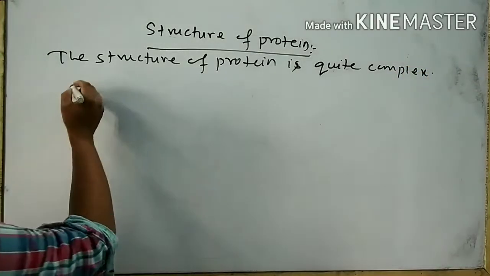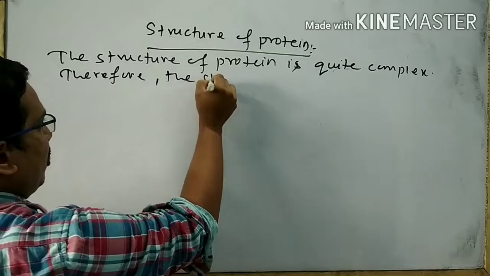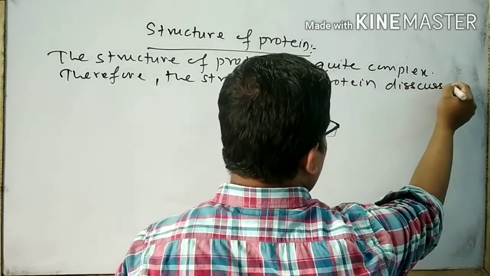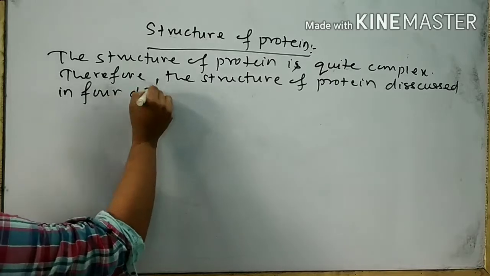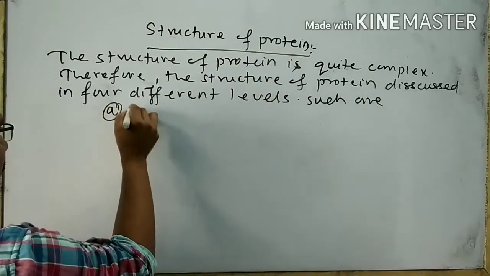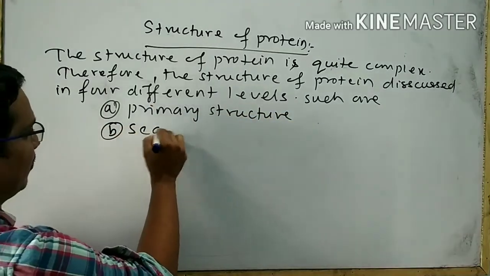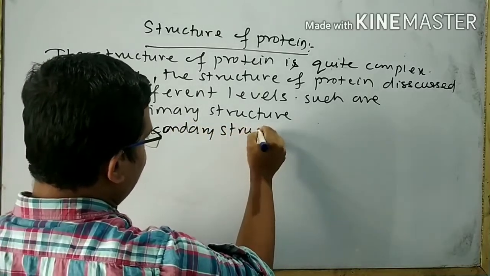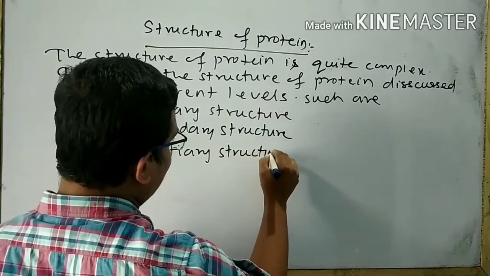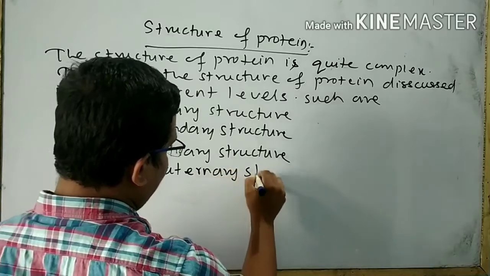Therefore, the structure of protein is discussed in four different levels, such as number one is the primary structure, second is the secondary structure, third is the tertiary structure, and fourth is the quaternary structure.